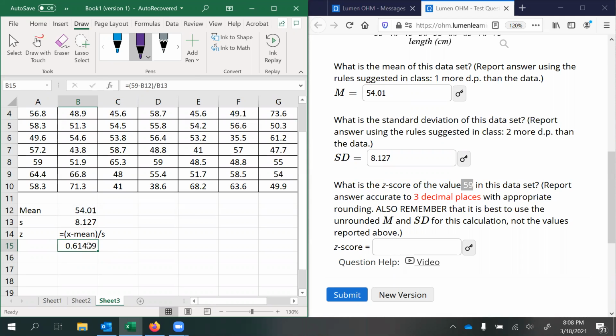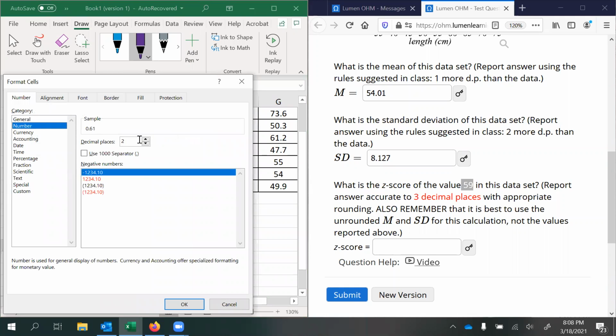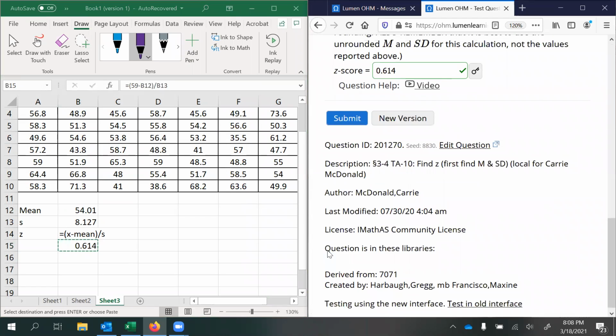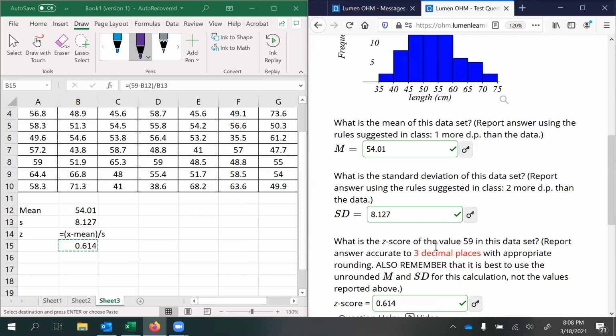And then I'm going to round it to 3 decimal places. And we're all good on this one.